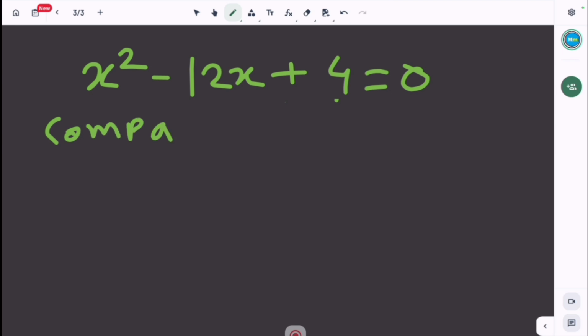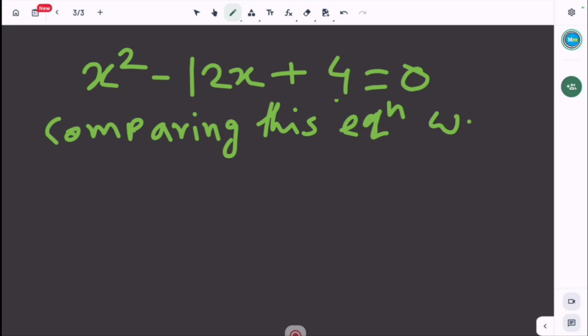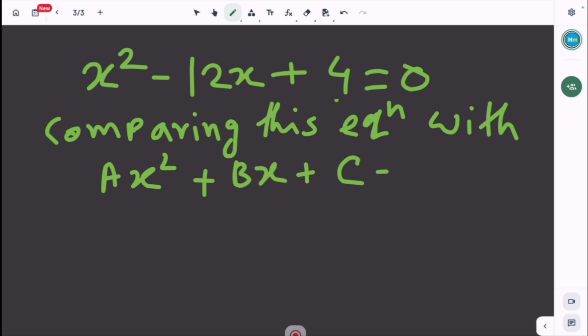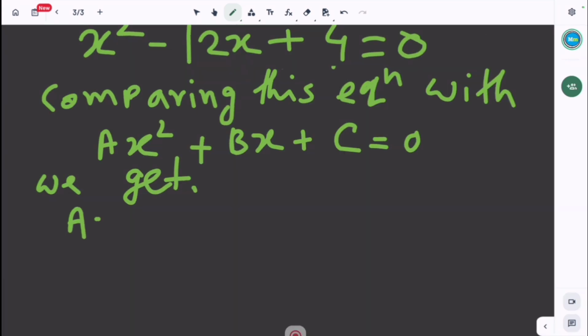Comparing this equation with ax square plus bx plus c equals 0, we get a equals 1, b equals minus 12, c equals 4.